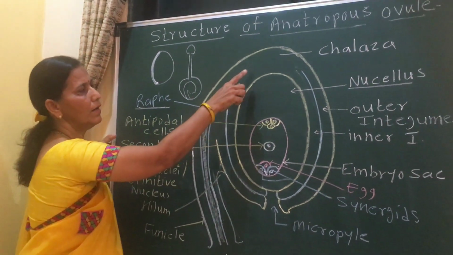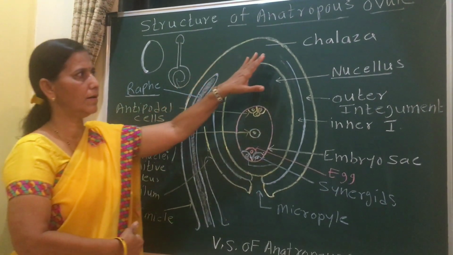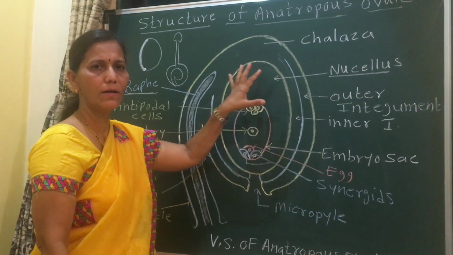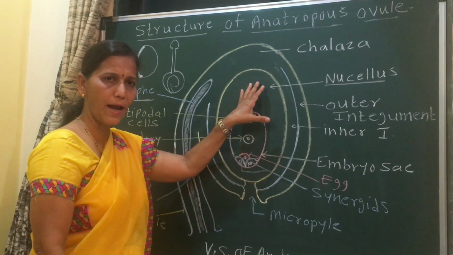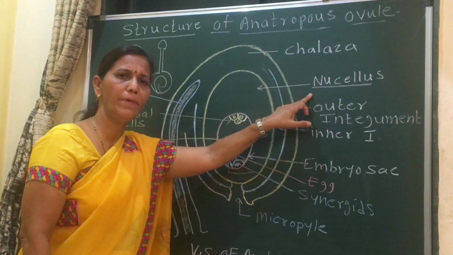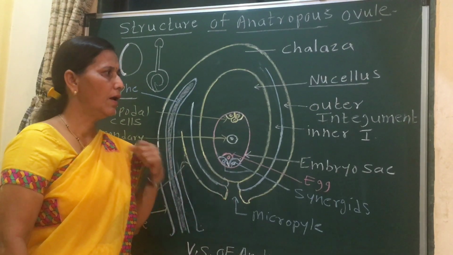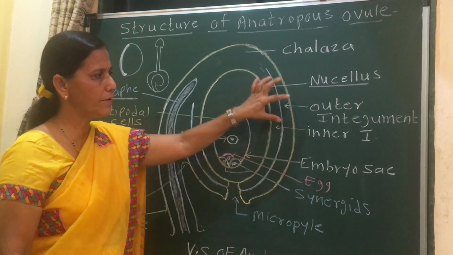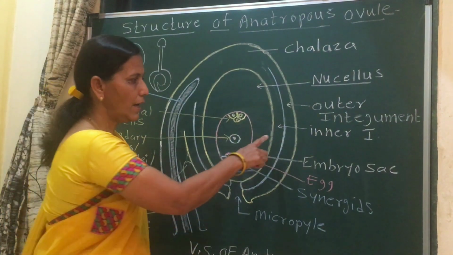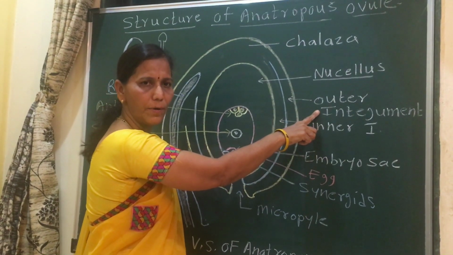Then the base of ovule is called as chalaza. Then the major portion or mass of parenchymatous cells is called as nucellus, which acts as a megasporangium. Means it produces the megaspore. Then nucellus is covered by two coverings in case of angiosperm. The innermost is inner integument, the outer is the outer integument.